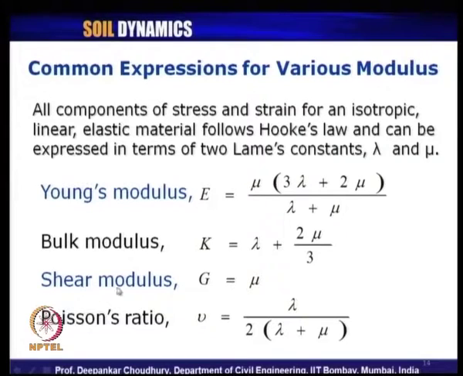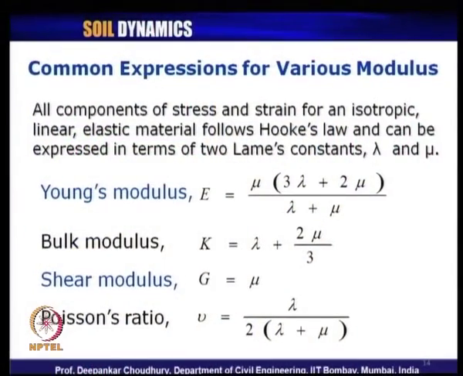The shear modulus G is nothing but mu, and the Poisson's ratio nu in terms of Lame's constants is given by lambda by 2 times lambda plus mu. These are the standard expressions which we can find in any solid mechanics book.